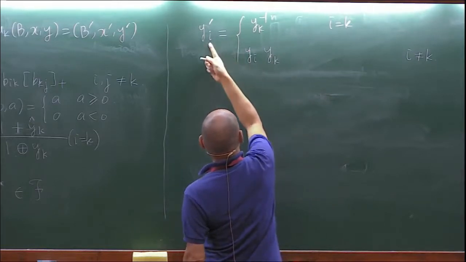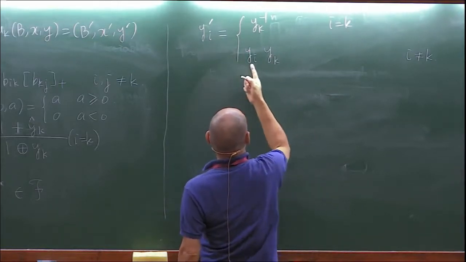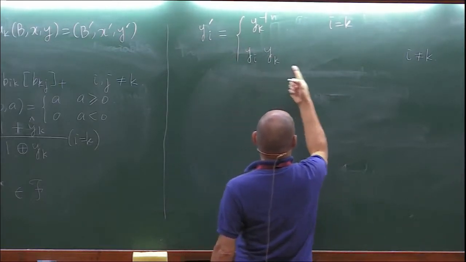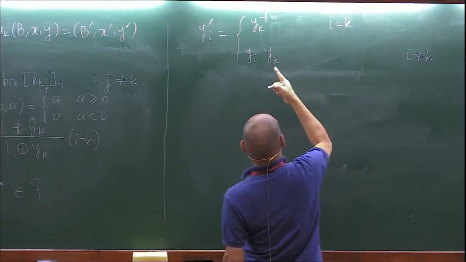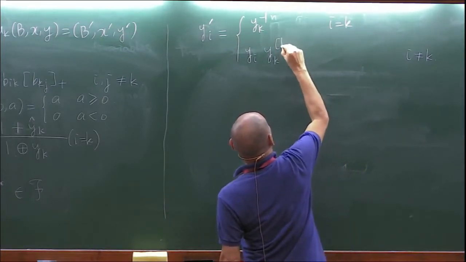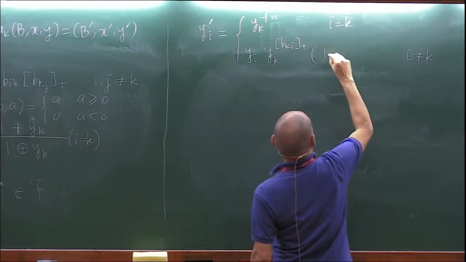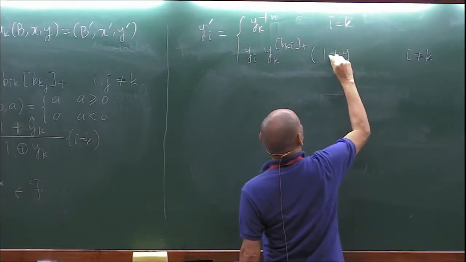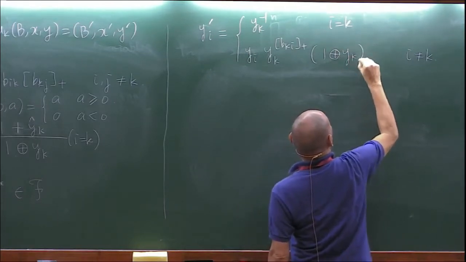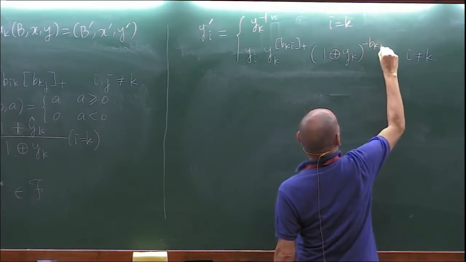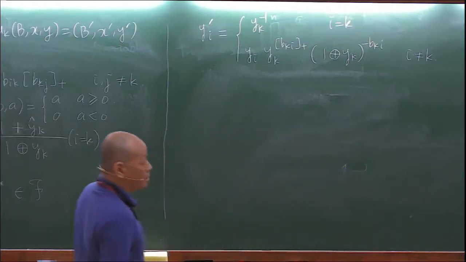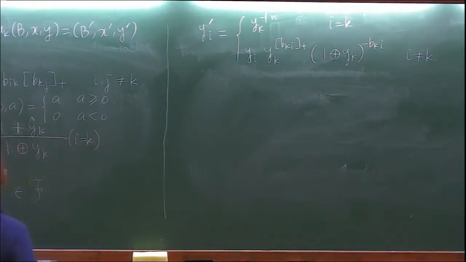When you mutate at index i, you make a multiplication of something related to the y_k variable, which looks like b_ki plus and 1 plus y_k to the minus b_ki. So this is the formula.